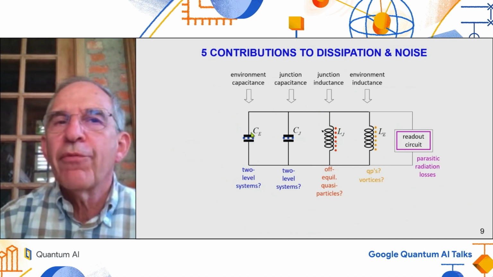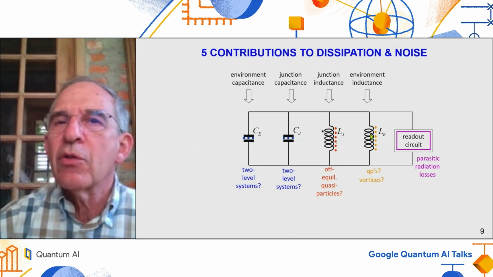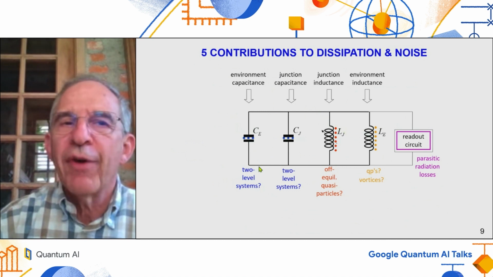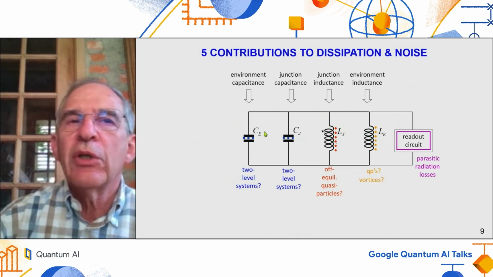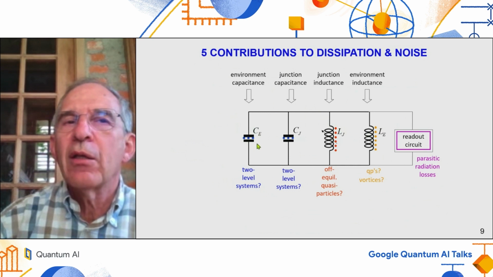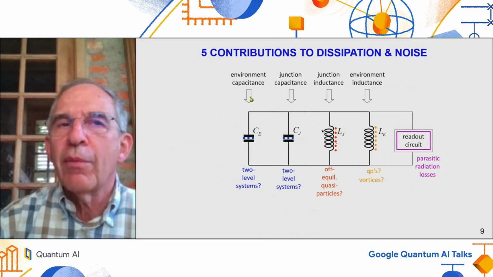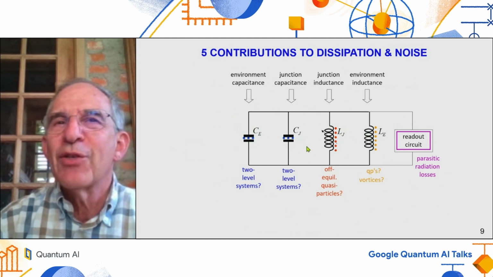So each of these elements comes with some defect. So in the capacitance that you might shunt your junction with, you may have some dissipative elements. People nickname those defects two-level systems.